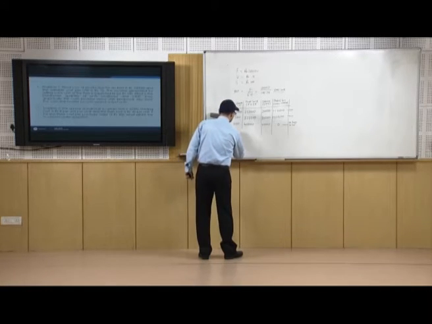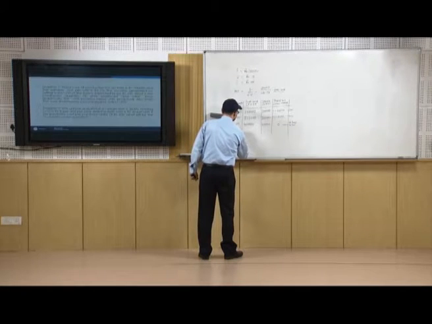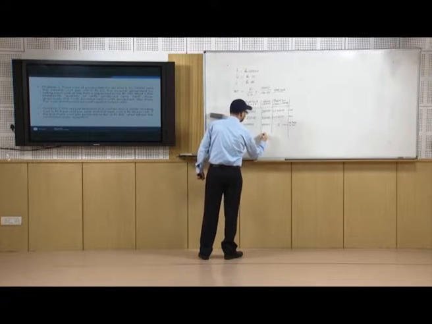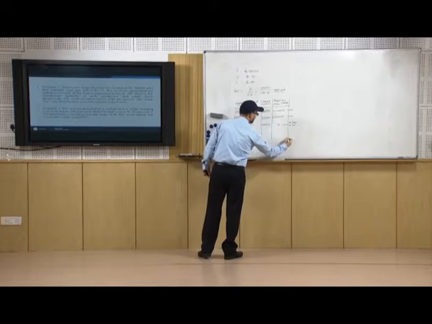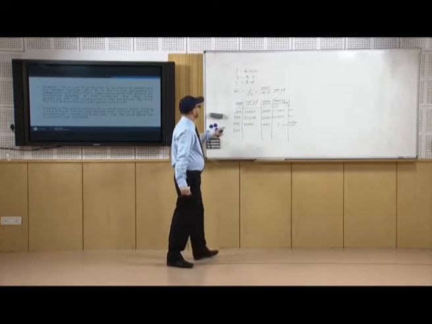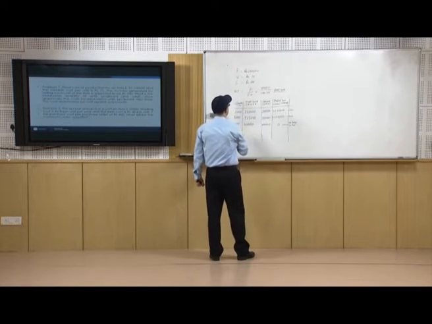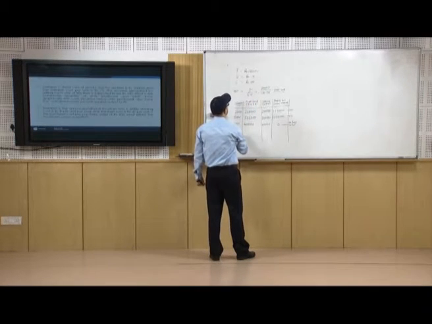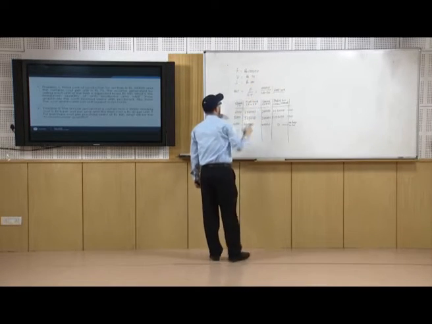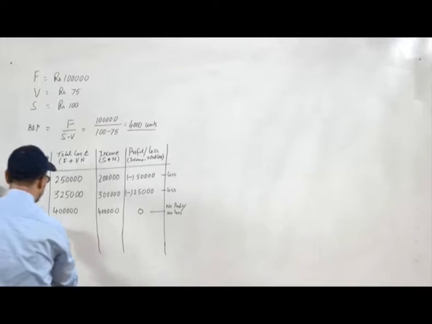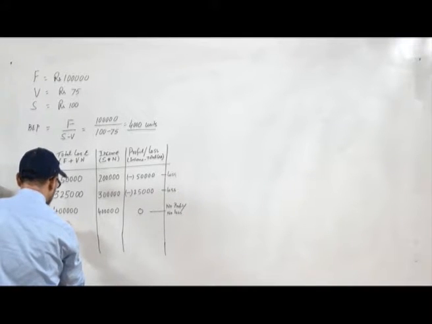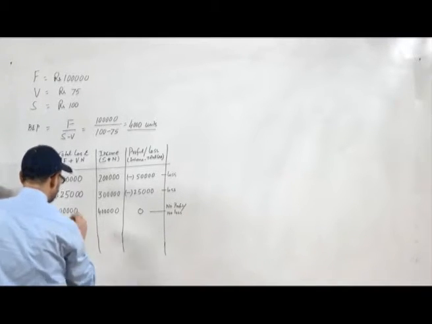So, further if you go to 5,000, for 5,000 total cost will be 1 lakh plus 5,000 multiplied by 75. So, it is 4,75,000.